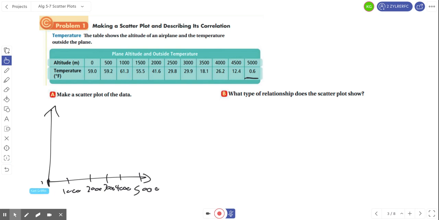So I'll start at 0, and it gets as high as 59. So I'll just go to 60: 10, 20, 30, 40, 50. This is not going to be perfect. And let's label these: altitude, and this one is temp.